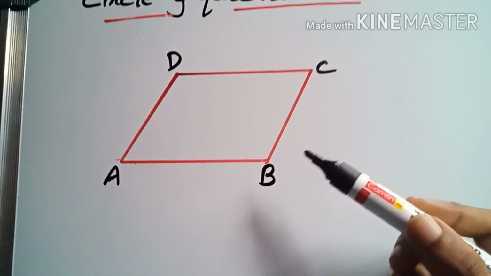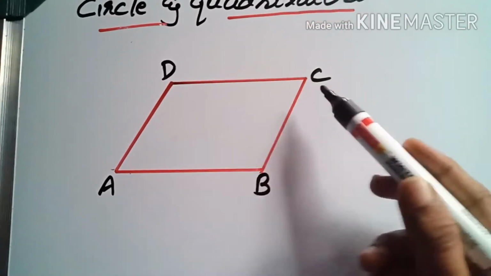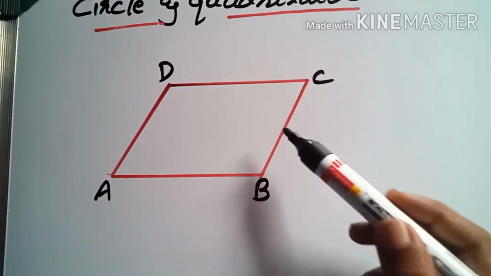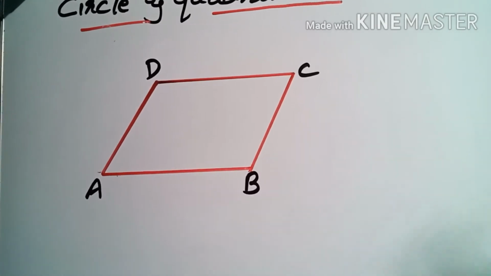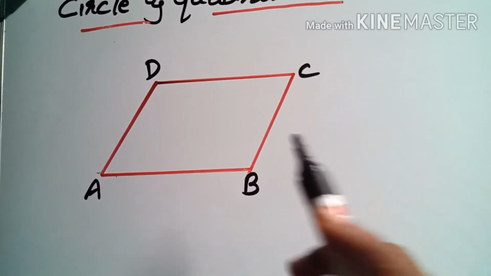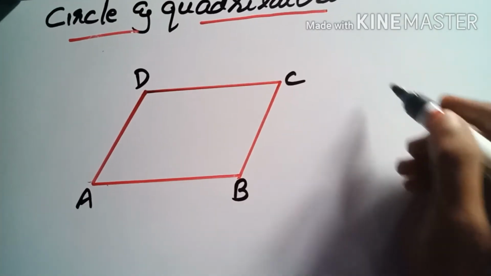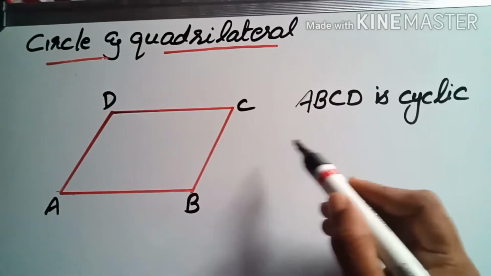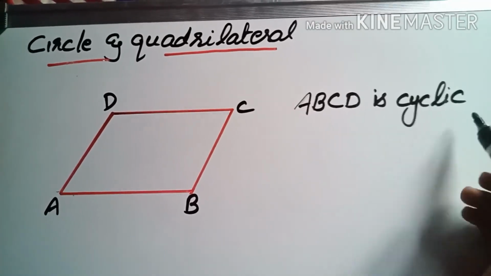So first of all, let's draw a parallelogram other than a rectangle. This is a rough figure of a parallelogram, and you can see this is not a rectangle. Now we need to prove this is not cyclic. We are going to assume that this is a cyclic quadrilateral. Just assume ABCD is cyclic.